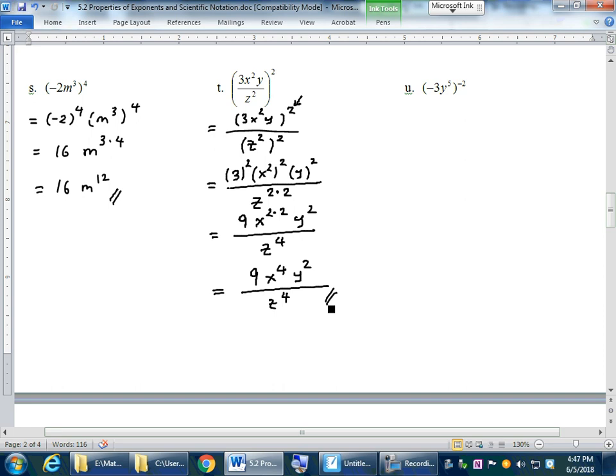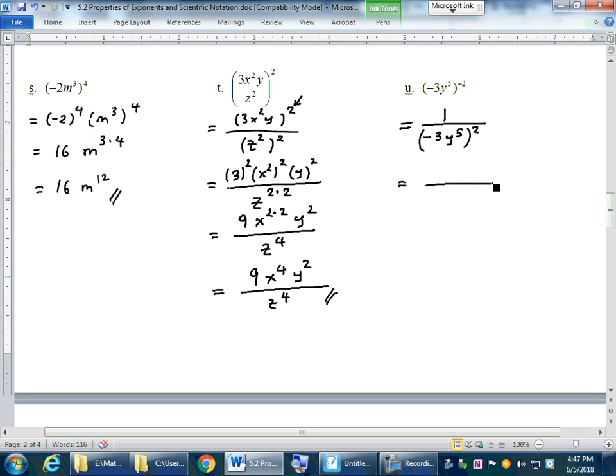Example number U, letter U. So for this example, first I will take care of the negative exponent. So that will become 1 over negative 3y to the fifth power to the 2 power.